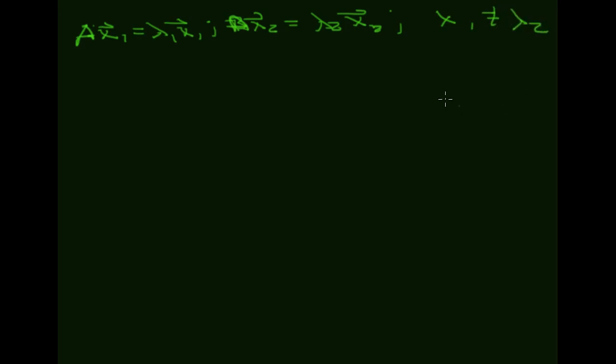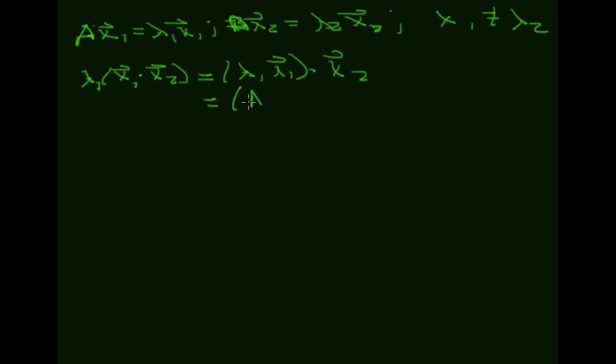Right? Okay. So we start with lambda 1 times x1 dot x2. Okay, and a little bit of work here gives me lambda 1 times x1 dot x2. Right, so that's fine.